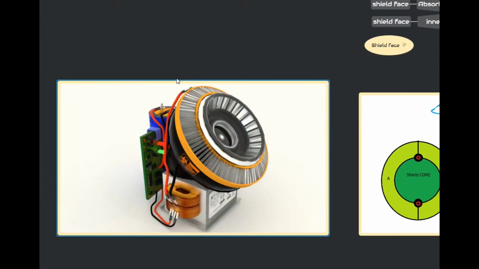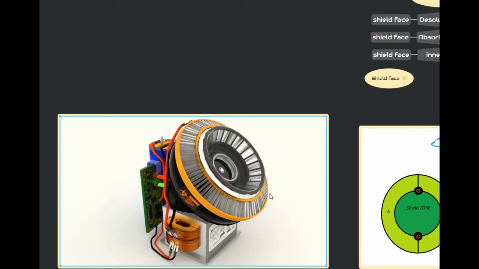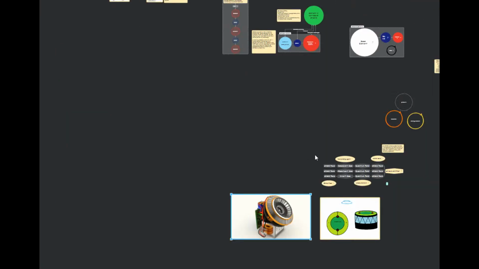So I don't know. This is a basic one for an emitter. You've got a webbed matrix here, so I don't know if that's an energy extrapolation thing. But if this is supposed to be like an arc reactor or something, it looks ugly as fuck.